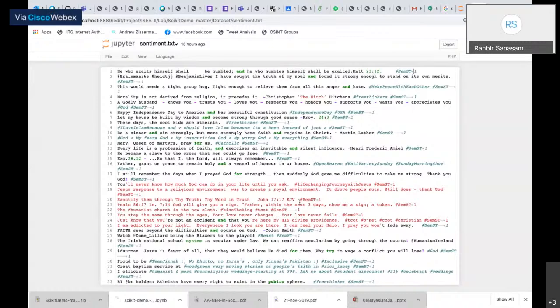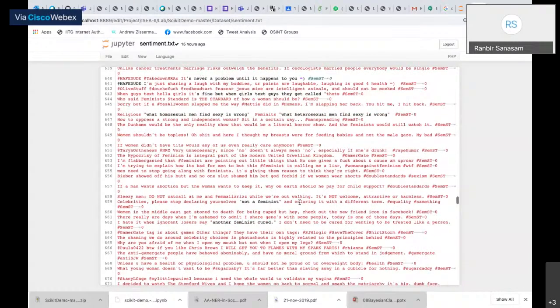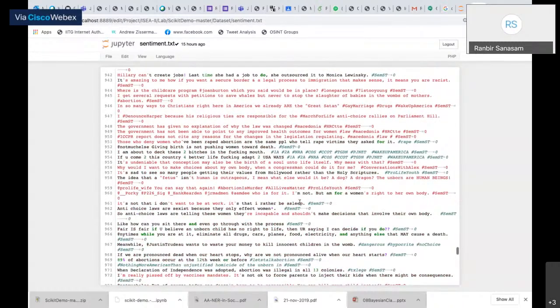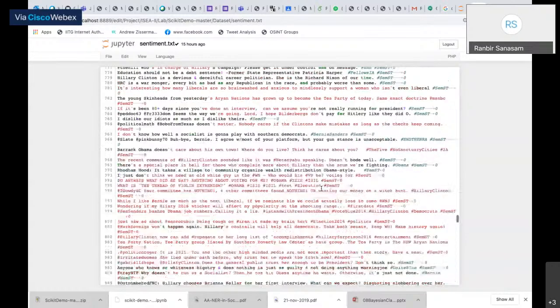The lower tweets have 0 0 0. So I have the tweets and the corresponding class label. This is the annotated data set. Now I want to build a classifier using these data sets.